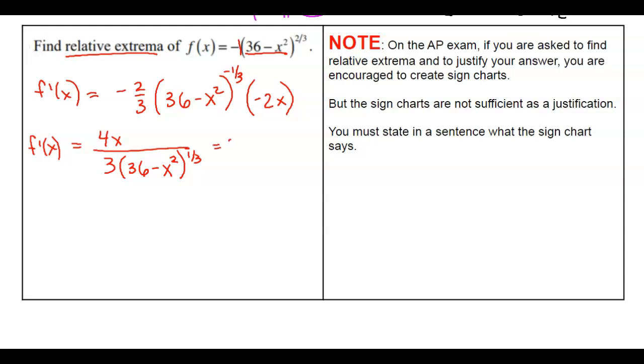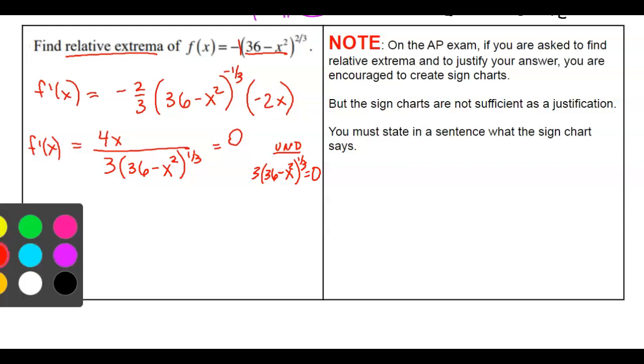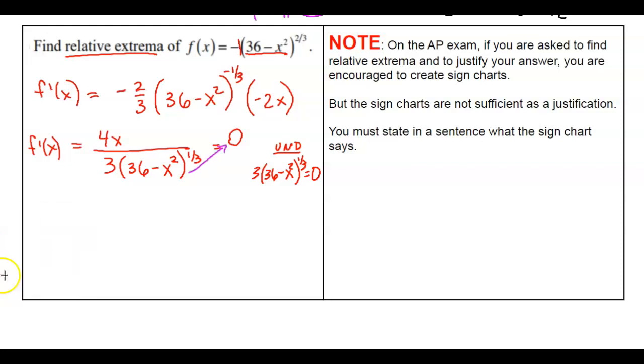So if we want to set this equal to 0, I'm also going to set for undefined, which is our denominator, equal to 0. All right, so when you set this equal to 0, we're going to multiply by the denominator. We're already checking where it's undefined, so that would go away, and we get 4x equals 0, divided by 4, so x equals 0. That's a critical value.